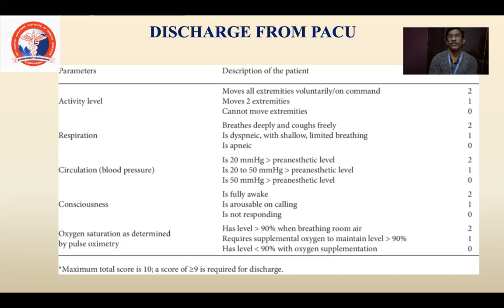The third option will not have any score and will be represented as 0. So we have 5, and the maximum score is 10. We should get 8 and above for sending the patient from PACU to the post-op ward. This is called Aldrete score.